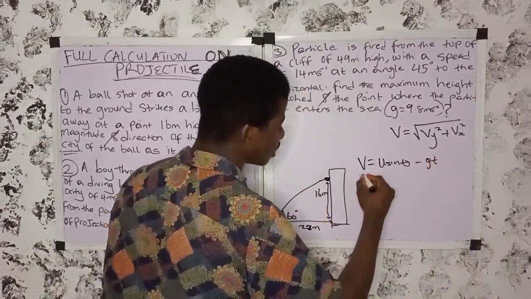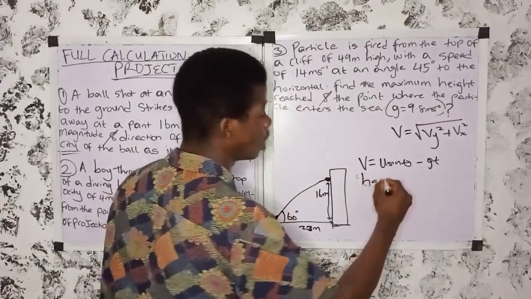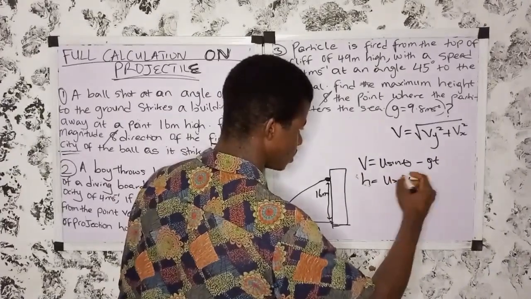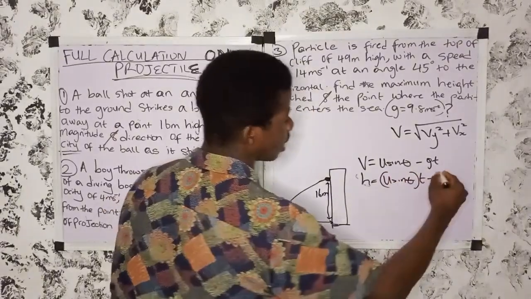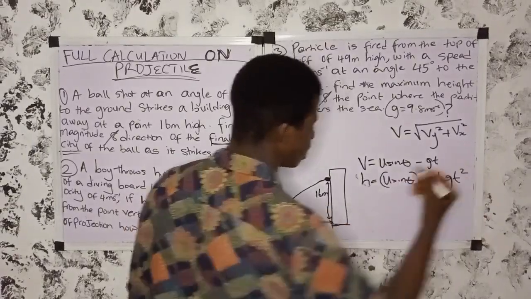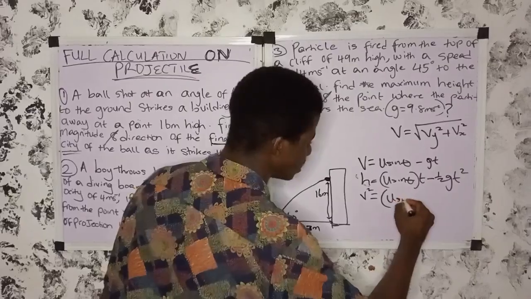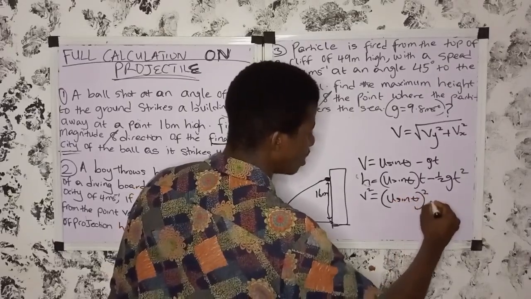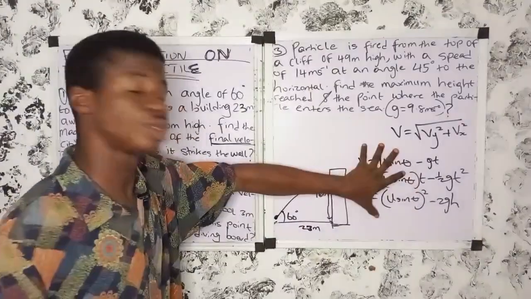Then another one: H equals U sine theta times T minus half GT square. Then another one: V square equals U sine theta all square minus 2GH. So these are all the equations on that.